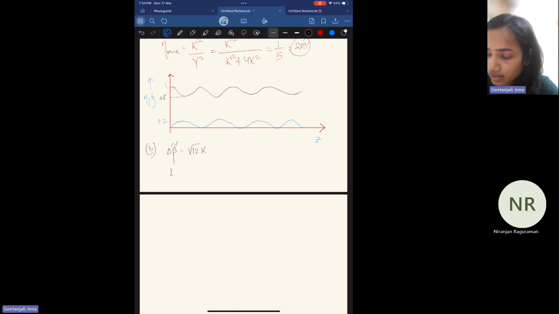If you find out what LC prime is now, this is pi over 2 root over of k square plus 12 k square by 4. So this will come around pi by 4k, or LC by 2.